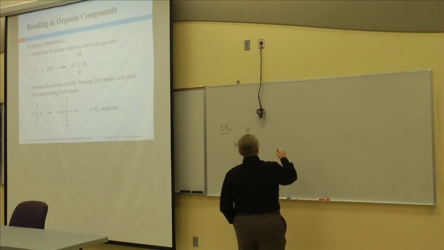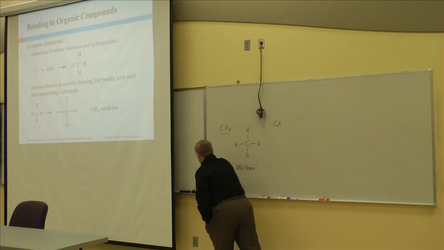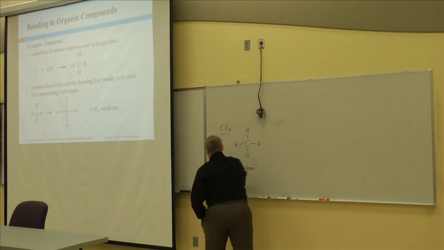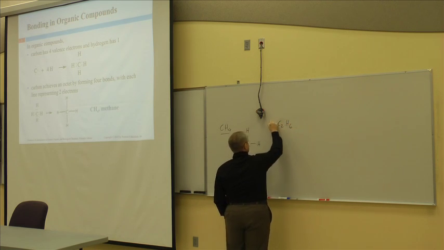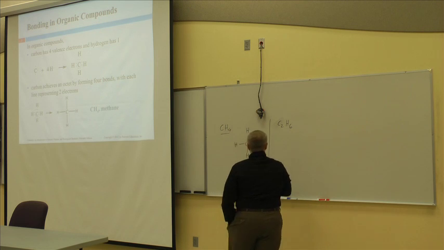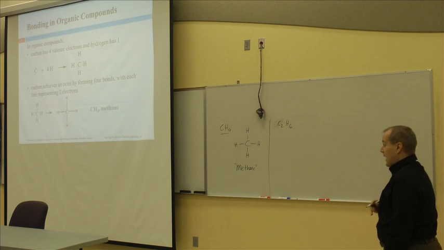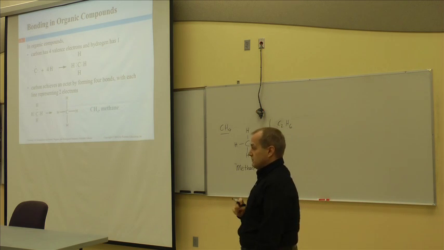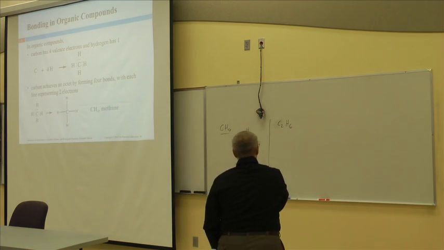Now, what if we had C2H6? We've just made the formula a little more complicated. Now there are 2 carbons. What does the structure of that look like?